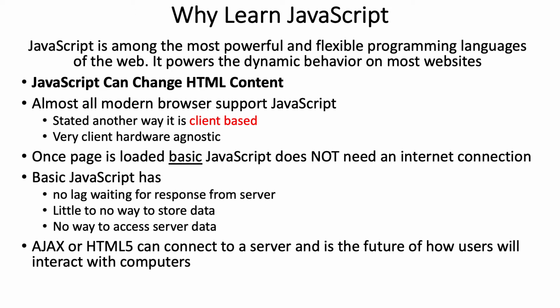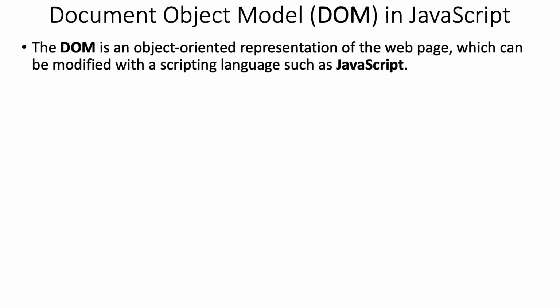Okay, before we go any farther talking about JavaScript, we need to talk about the Document Object Model, or DOM. DOM is an object-oriented representation of the web page, which can be modified with a scripting language such as JavaScript.